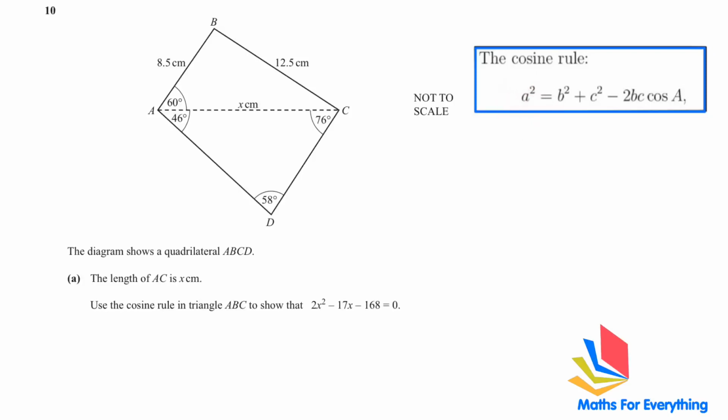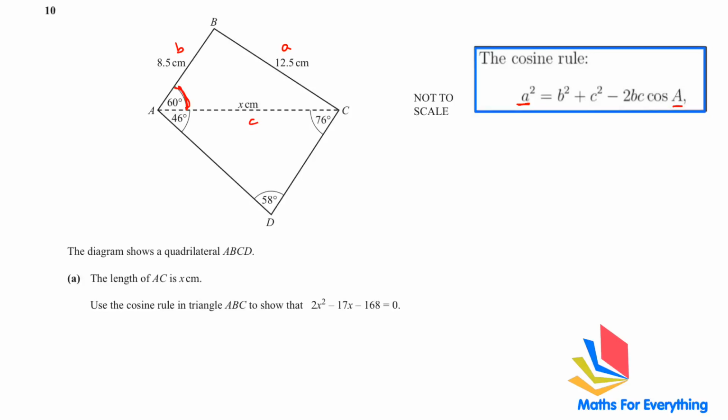So what is a? If the angle A is given to you, the side opposite it is your a. So we have been given angle A, which is 60. Therefore, the small a is going to be 12.5. B and C can be either of the sides of the angle.